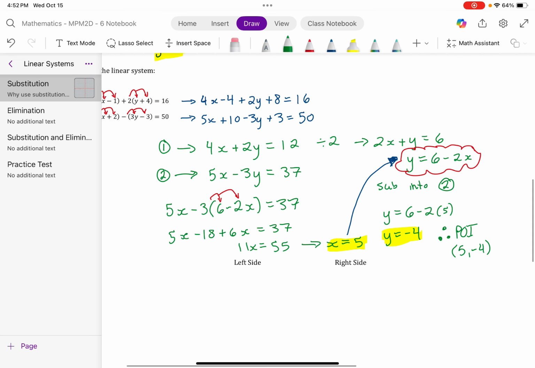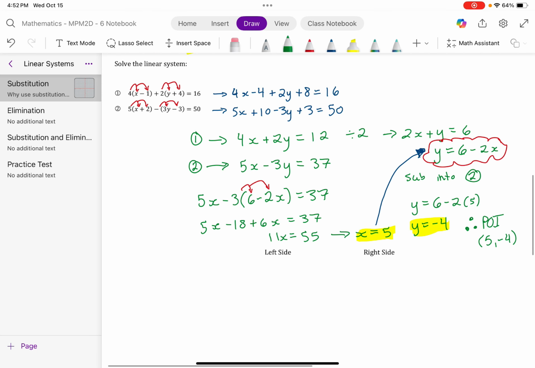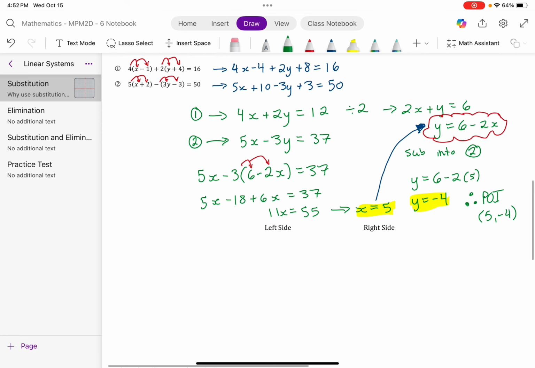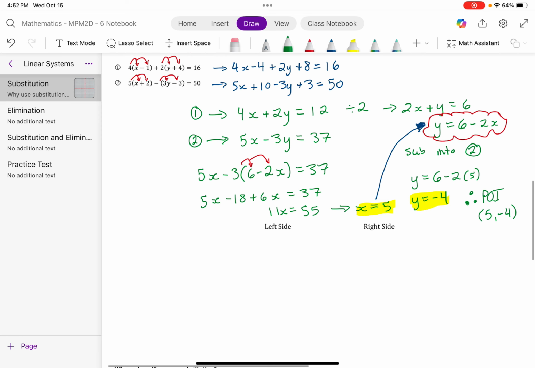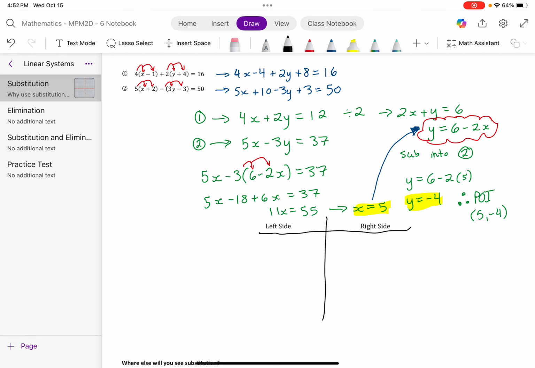All right, and a really cool way to quickly check this is by performing a little left side, right side check. If we wanted to do that, make a little chart here, left side and right side, and take the equation that we did not use to find that final answer. We subbed into equation 2, so let's use equation 1.